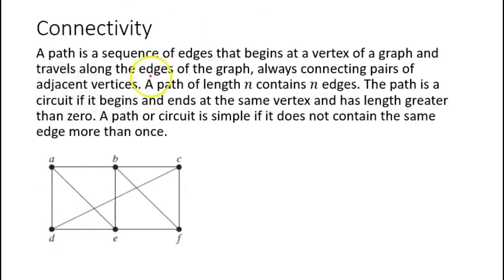So first of all, let us understand connectivity. Here we are going to talk about two terms: one is path and another is simple path. A path is a sequence of edges that begins at a vertex of a graph and travels along the edges of the graph, always connecting pairs of adjacent vertices.